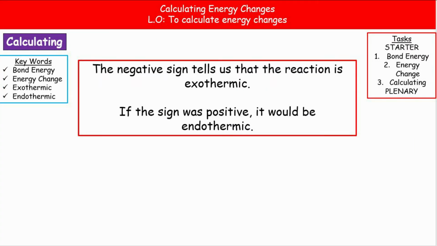So let's just make sure we've got those couple of points about the sign written down, because it is really important and they can give you energy changes, either positives or negatives, and ask you what this shows. So negative sign is exothermic, positive sign, it's an endothermic reaction.